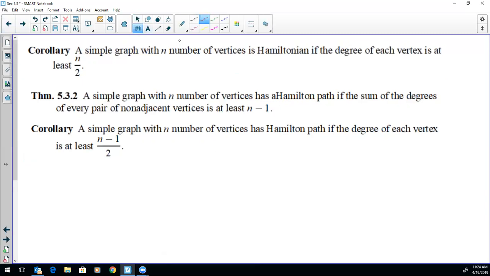Okay, so finding Hamilton paths is not easy. It's basically for us going to be a trial and error process, but they turn out to be very important ideas. And one of the classic problems is talked about in section 5.4, and that's called the traveling salesman problem. The idea here is a road system with towns and roads going between them is an example of a graph.